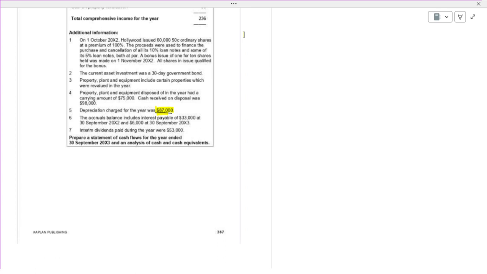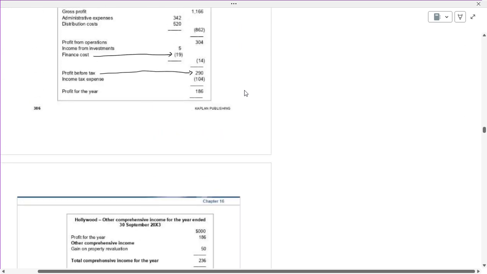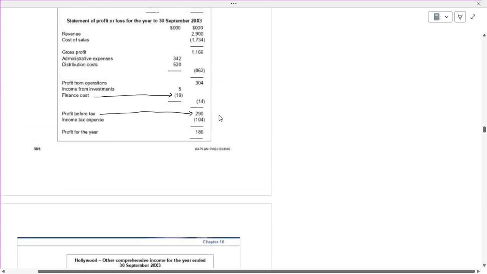Next. Okay, impairment. Okay, next. Anything else before that?